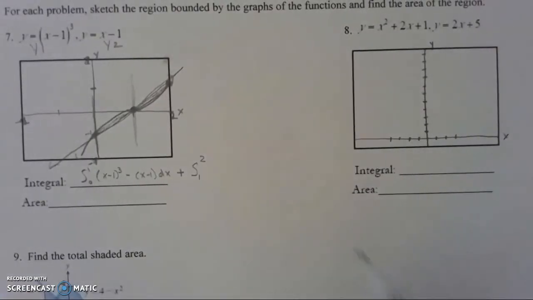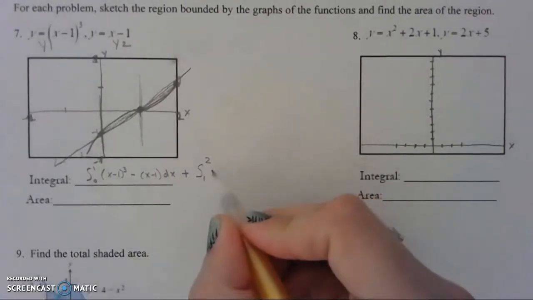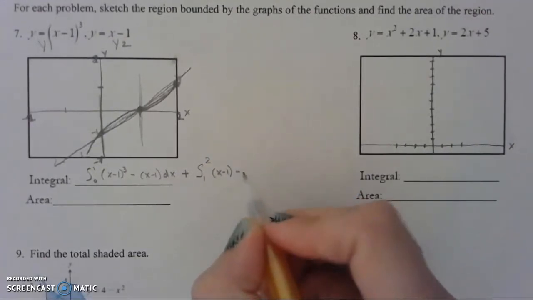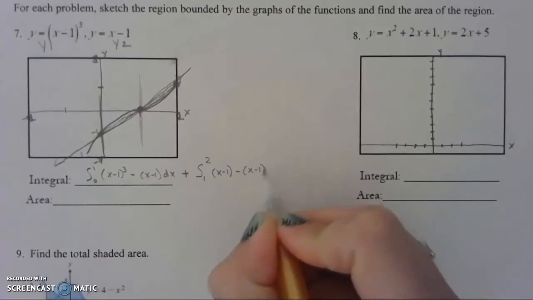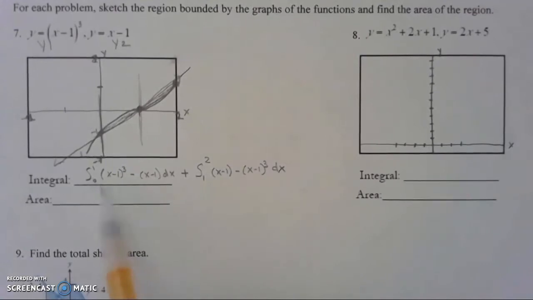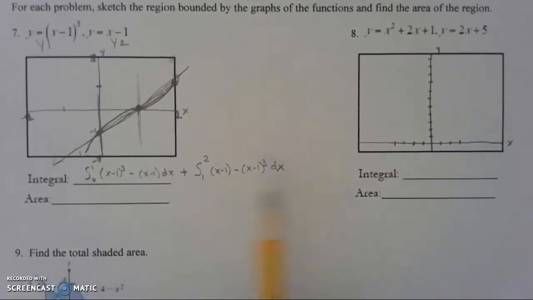So this one is going to have (x minus 1) first, minus (x minus 1) cubed, with respect to x.